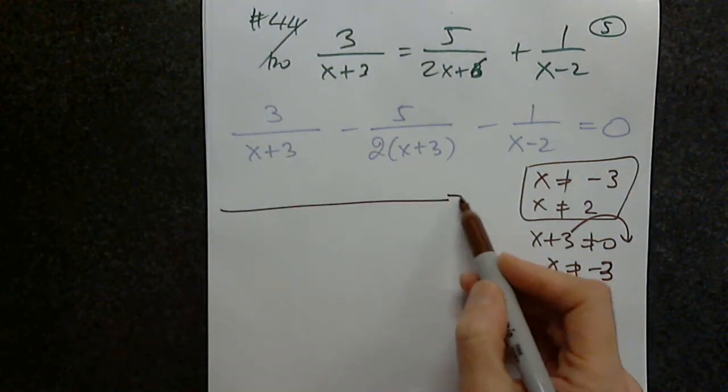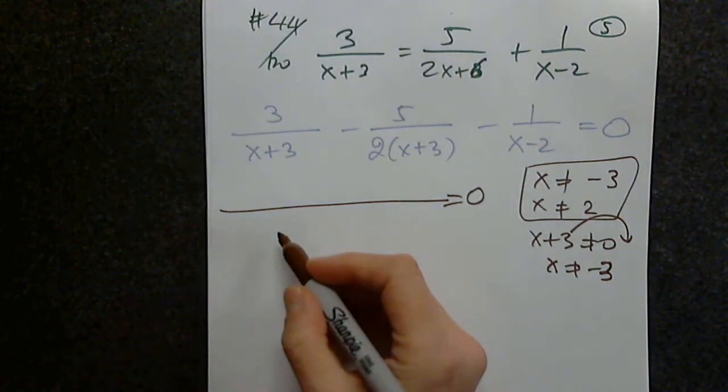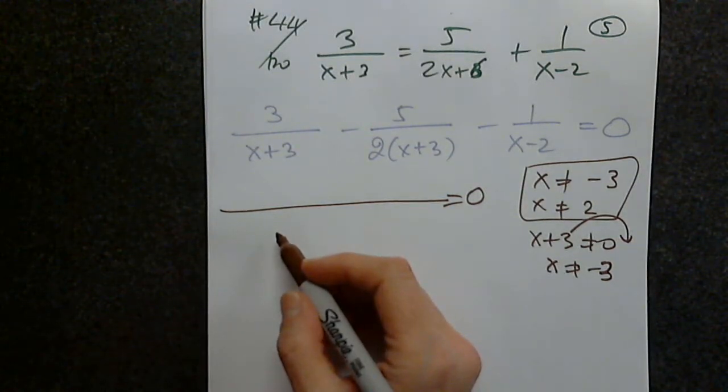Then I need the least common denominator. How many different factors do we see in the denominator? If you say 15, you have to give me 15. If you say 10, you have to give me 10. 3 different factors, and they are? X plus 3.